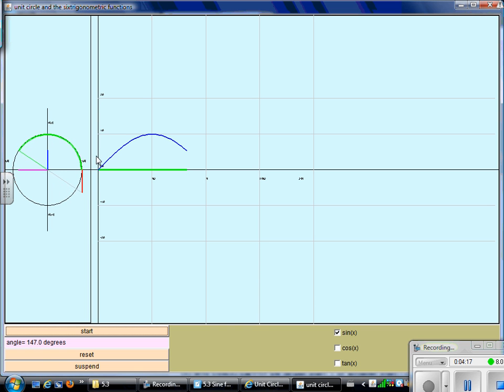That's being transferred to here. So you notice that we'll soon be at 0, and when the green is at 180, we're at 0 for our sine, and we're going down into the negative values on the y-axis of the unit circle. And then we're still in the negative values, but we're starting to go up.